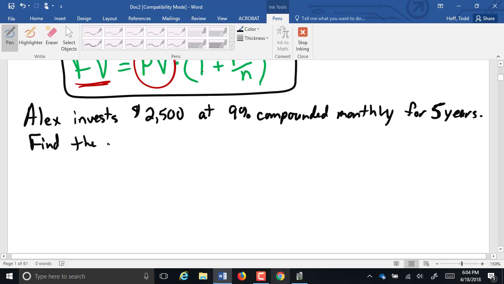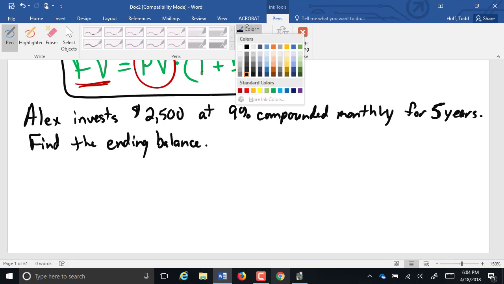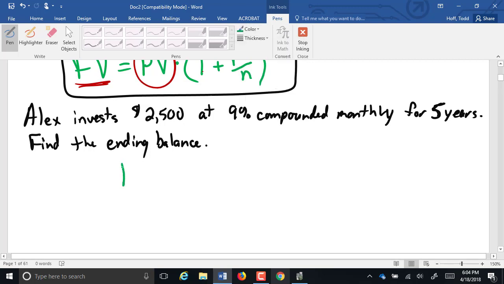Find the ending balance. The ending balance, of course, is the future value, balance at the end.